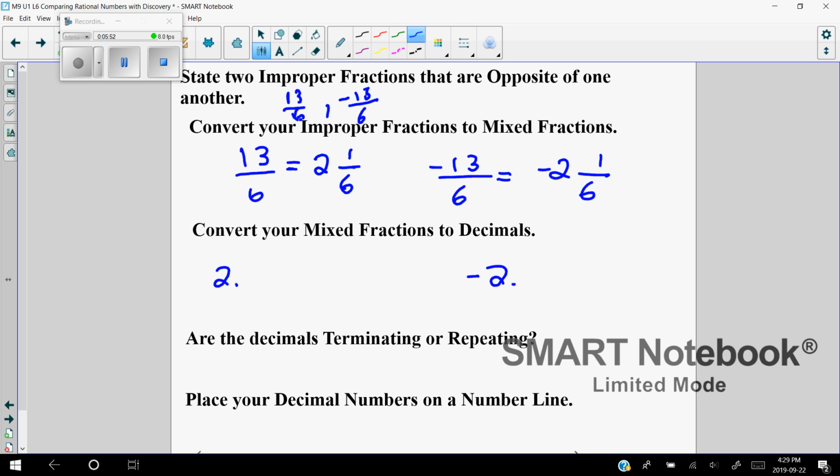And then I need to take 1 and divide it by 6. Okay, so I'm going to do that on the side here. Here's 1, and I'm dividing it by 6.